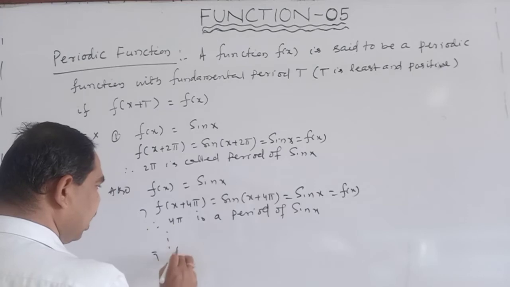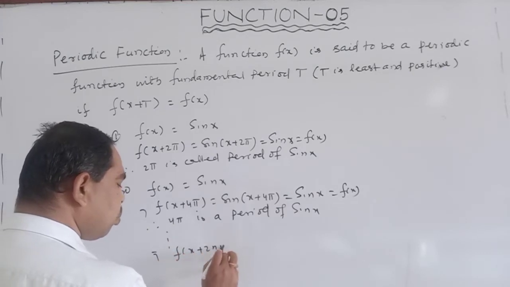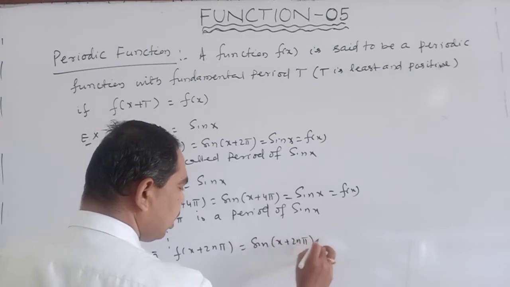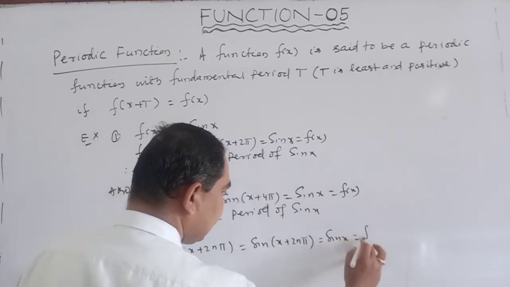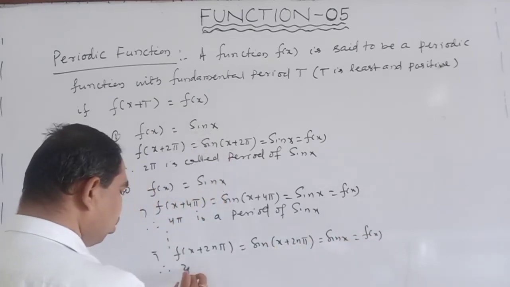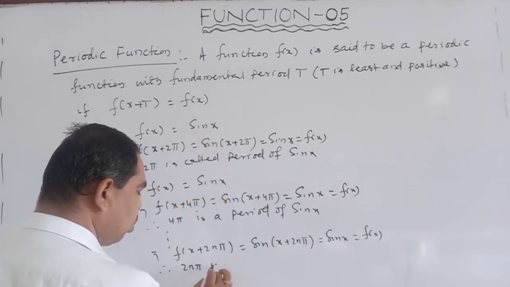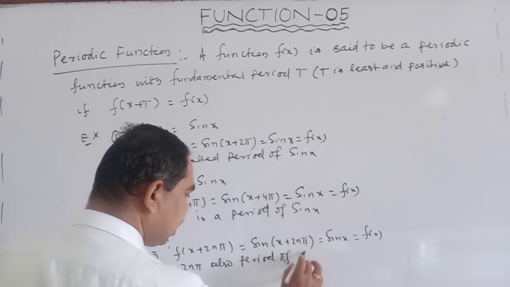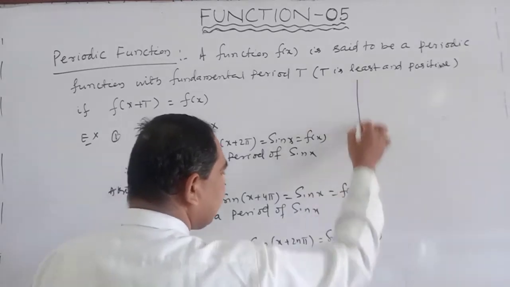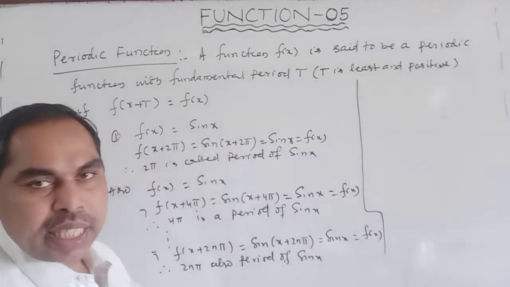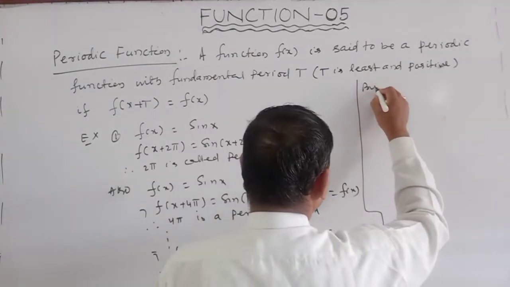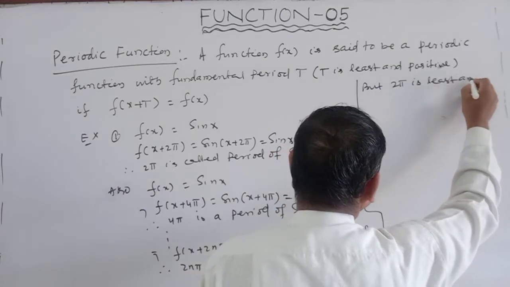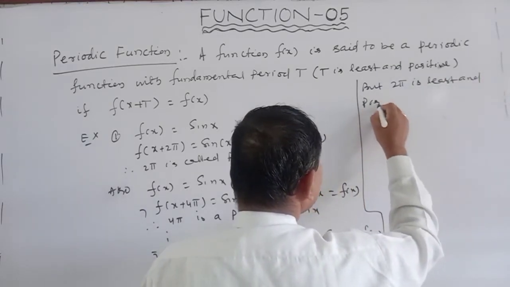And so on, f of x plus 2n pi is equal to sin of x plus 2n pi, which is sin x, equal to f of x. Therefore 2n pi is also a period of sin x, but 2 pi is least and positive.